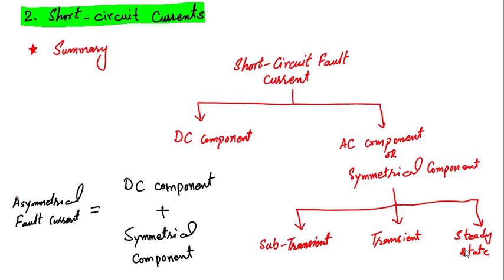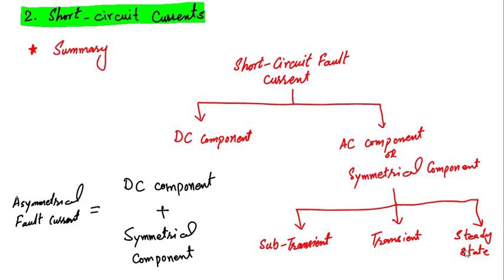The DC component will be highest during the sub-transient, reduced during the transient period, and almost disappear in steady state. Further, I want to mention that at the start of the asymmetrical period of the fault current, where the DC offset is highest, the AC component is passing through its sub-transient period. So it means we have the highest AC component and the highest DC component.